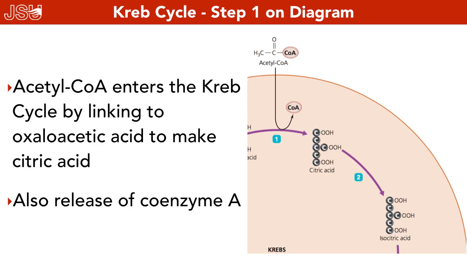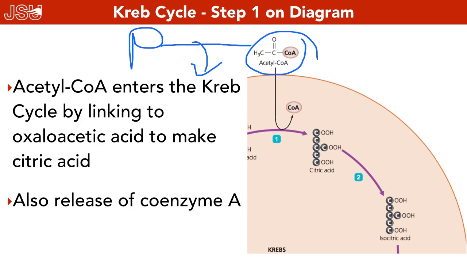So just some highlights on this. A lot of this is just for your own personal reading. But the first step, acetyl-CoA, which was made from what? Pyruvate, right? Pyruvate made acetyl-CoA. In the process, we removed a what? Carbon dioxide, CO2.